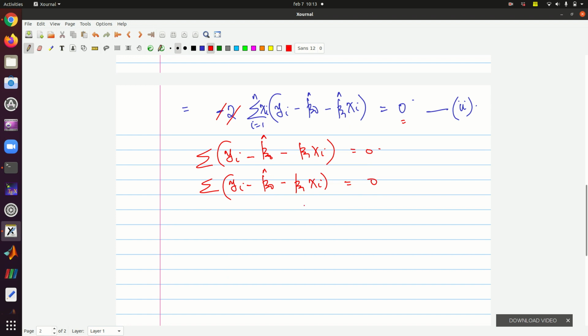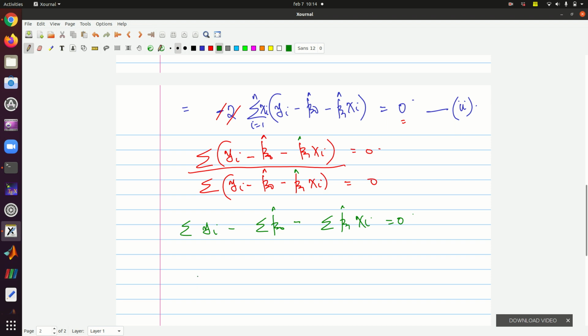Okay, so we can separate the summation. We can expand that, not as such separating. So minus the summation of beta naught hat minus the summation of beta 1 hat xi equals 0.